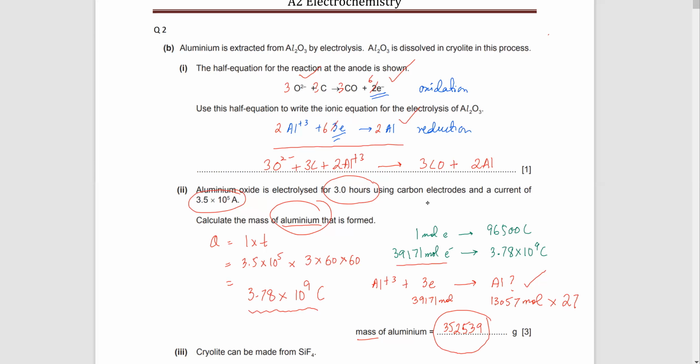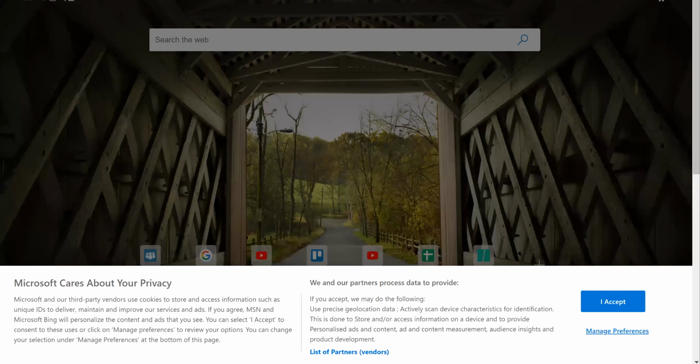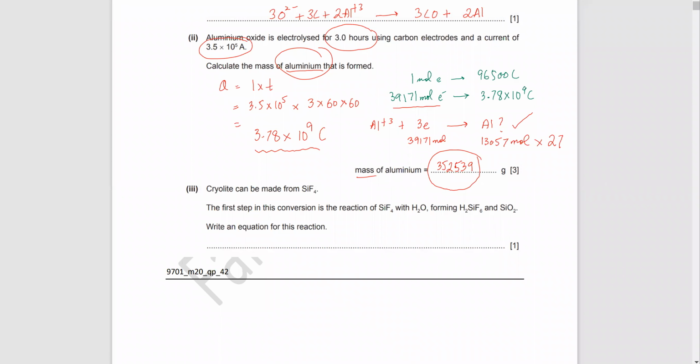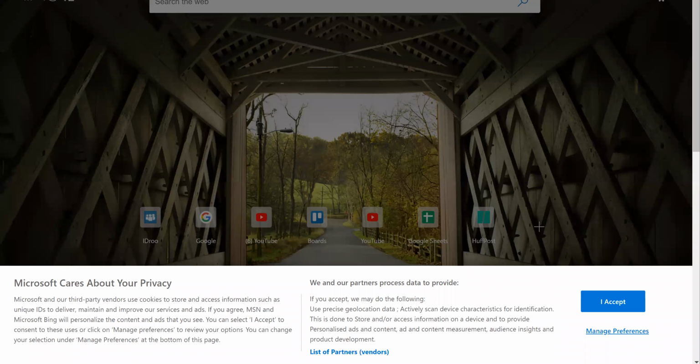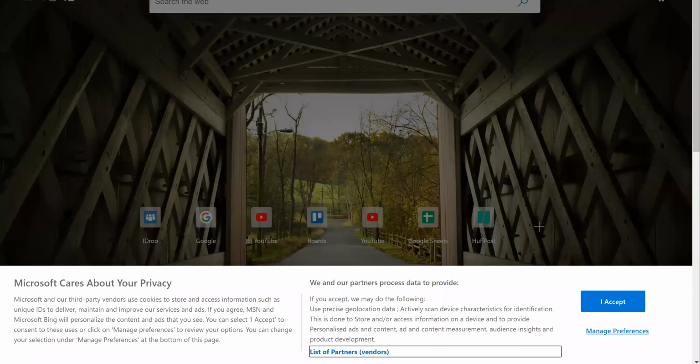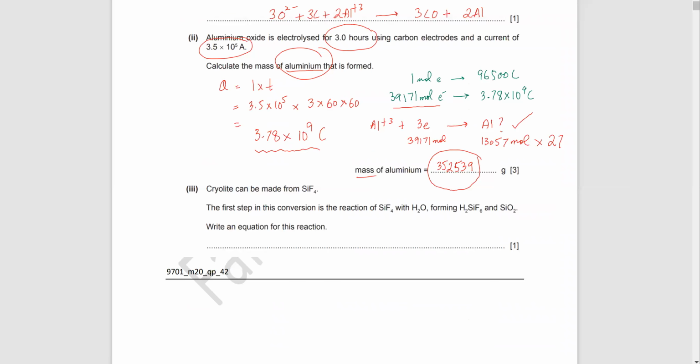I'm going to check this answer. The paper is May June 2020, 9701 underscore M20 QP42, and the marking scheme MS. We did a lot of calculations, so let me check if we made some silly mistakes.